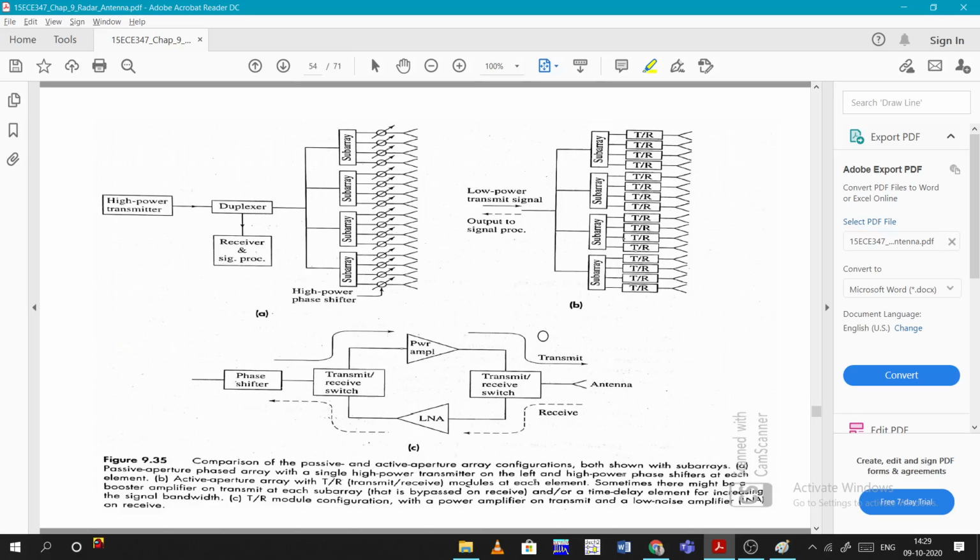And then B is the active aperture array with a T/R, transmit/receive, module at each element. There will be a transmitter receiver module at each element.